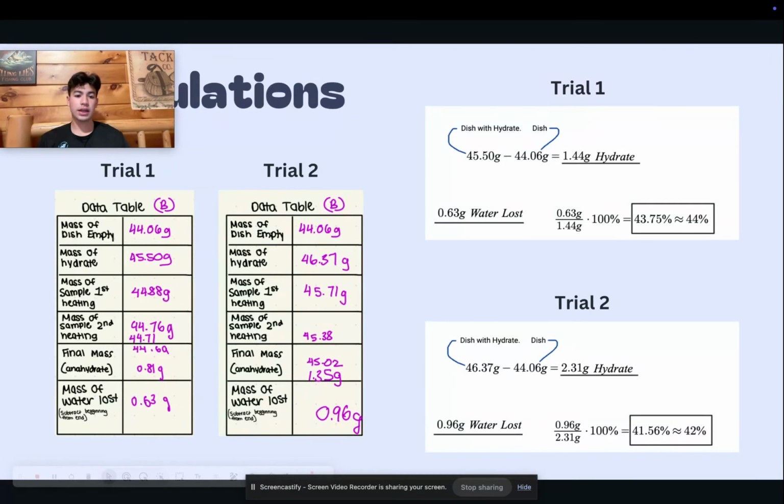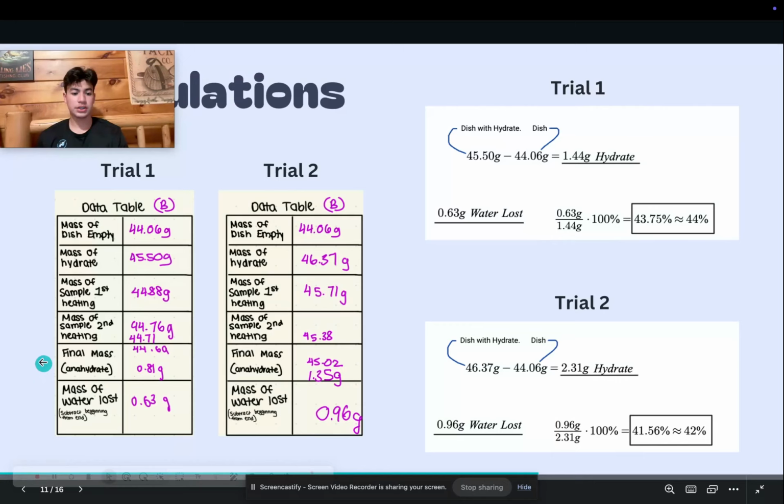So these are our calculations. You can see the respective data tables for trial 1 and trial 2. Here we can see the same mass of dish empty, and masses of hydrates for the two. As you can see here, we carried through various heatings, coolings, and weighings in order to make sure that we have all the water evaporated to maintain precise calculations for both trials.